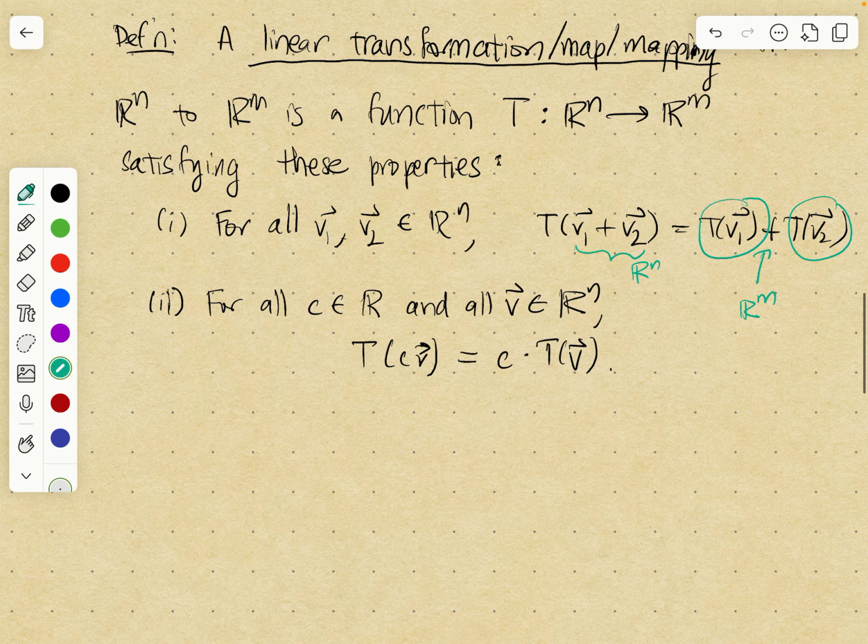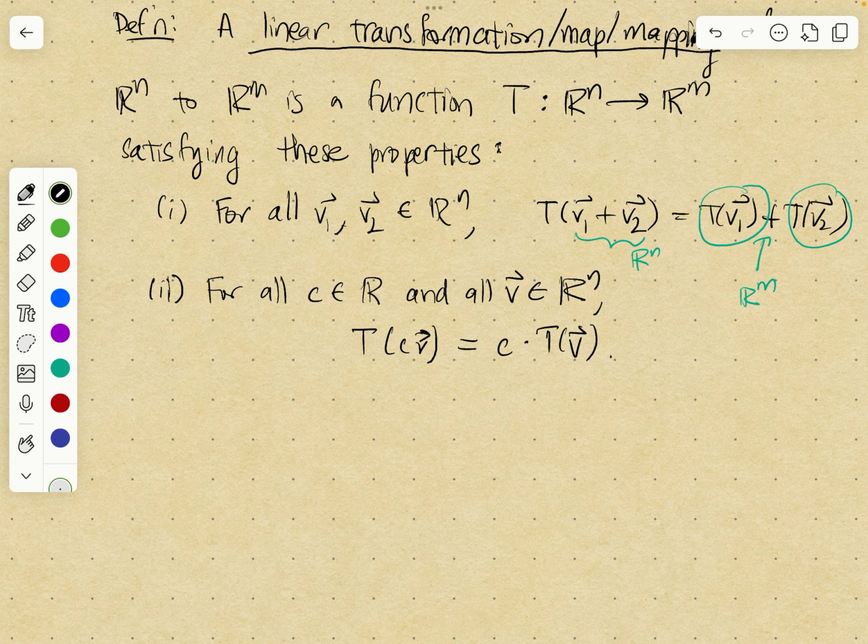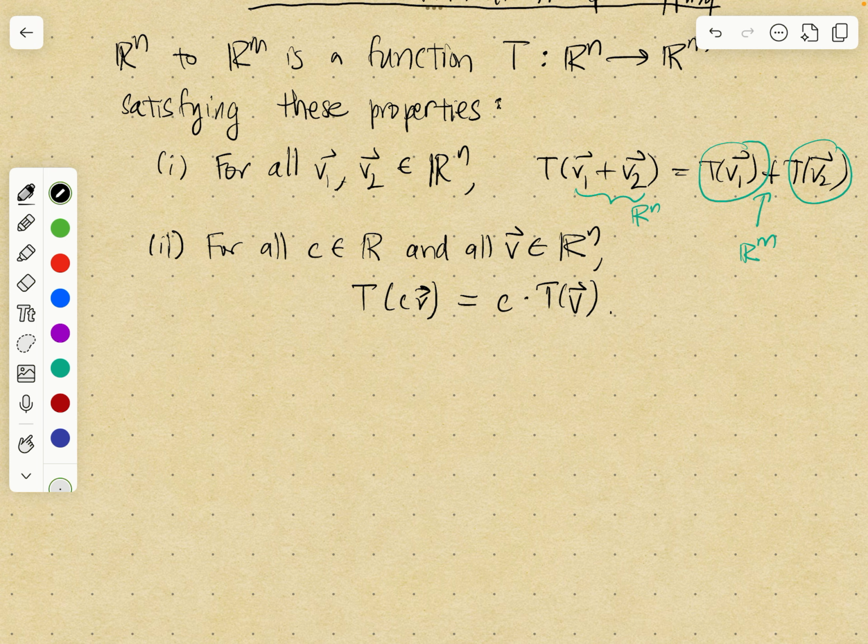Okay? So hopefully that clarifies the notation. And similarly, this CV, right, this is happening in Rn, and then this C times T of V, that's happening in Rm. T of V is a vector in Rm, and so C times this is in Rm.